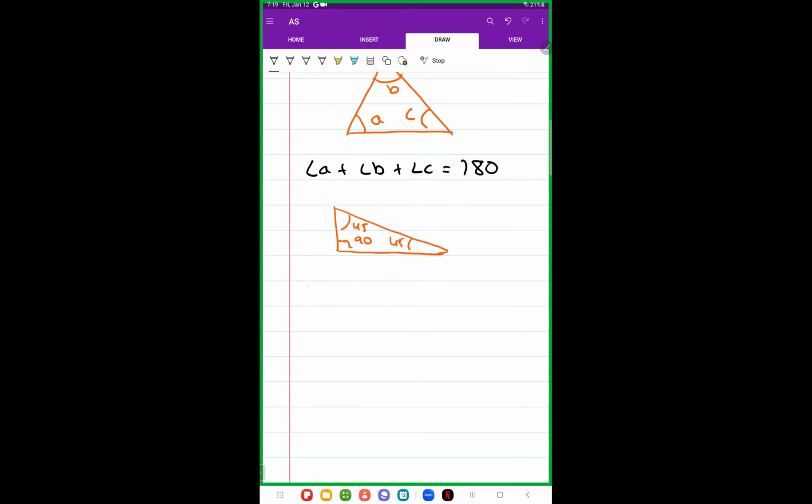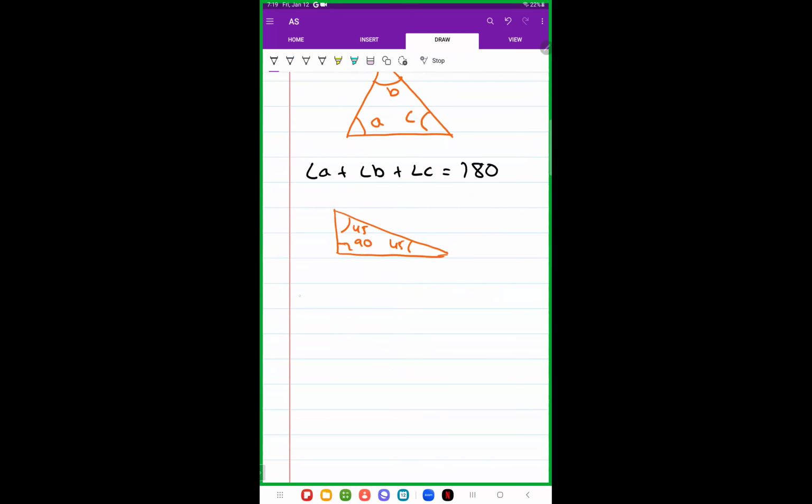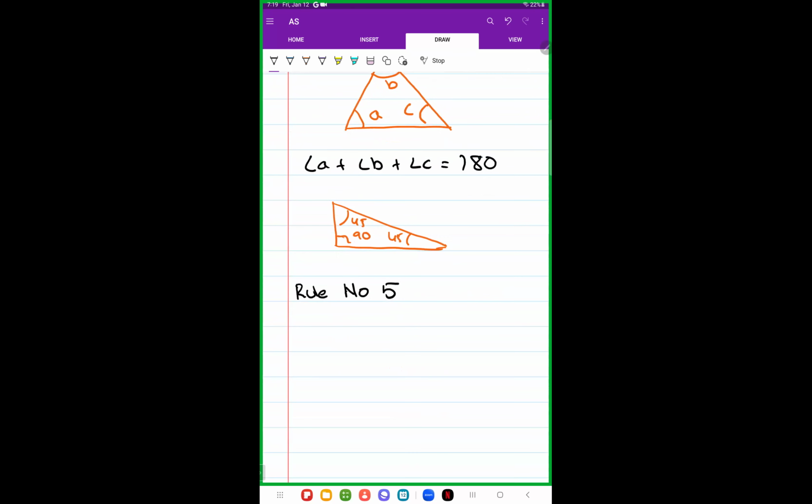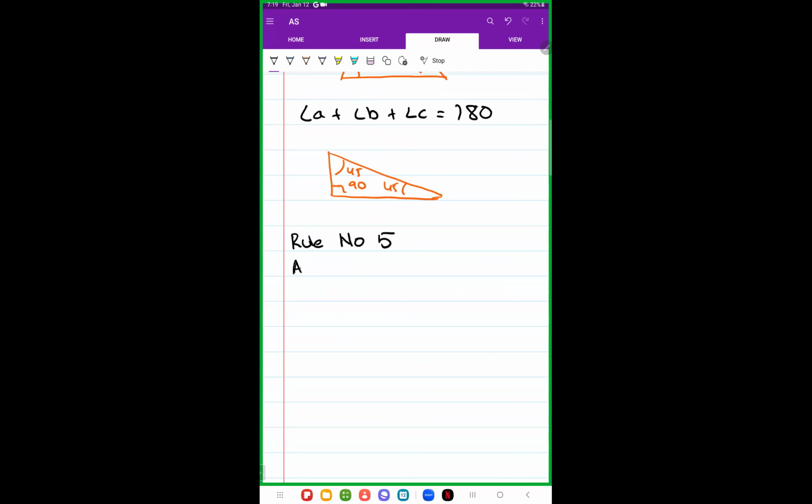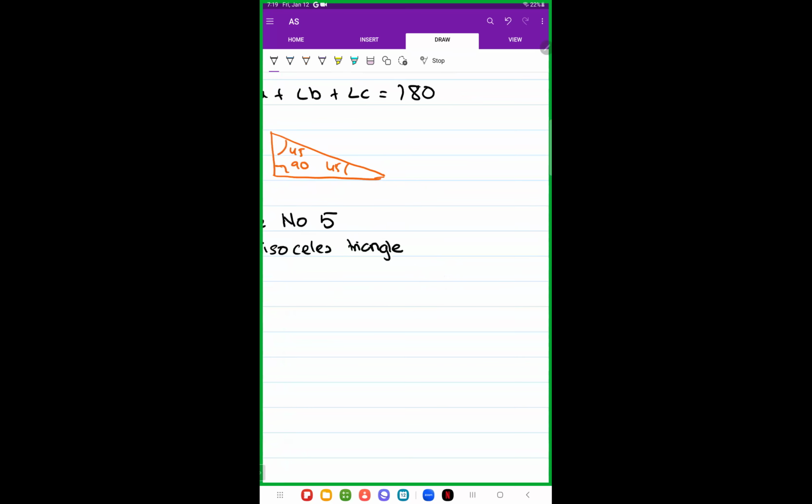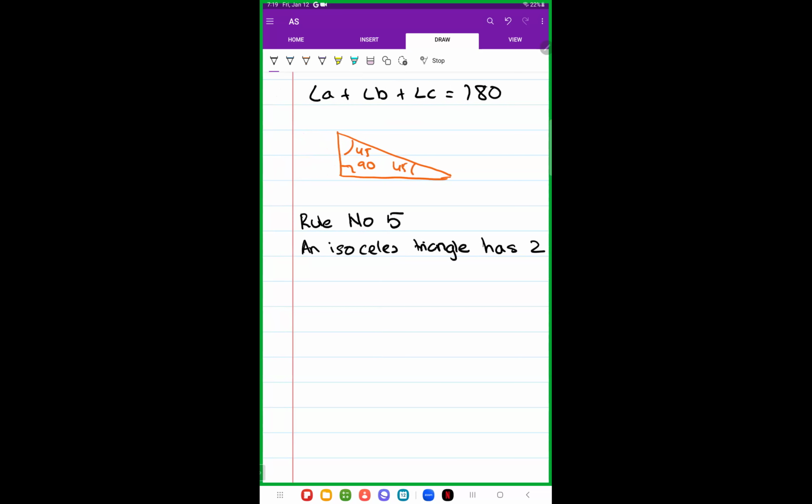Rule number 5. An isosceles triangle has two equal sides and two equal angles.